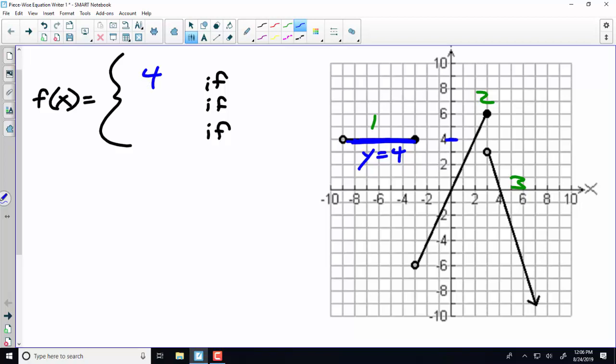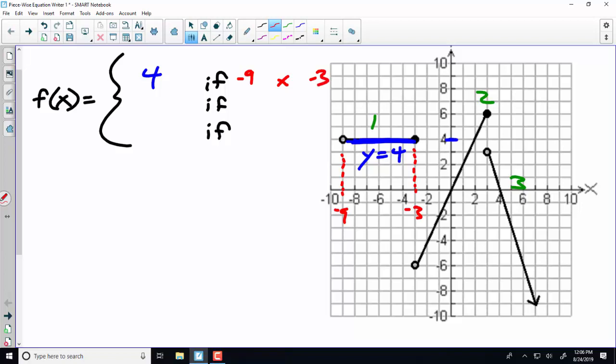Then we ask ourselves, between what two x values does that piece exist? Well, it exists between this x value and this x value. So that's going to be -9 and -3. So we smack an x in the middle, -9 here, -3 here.